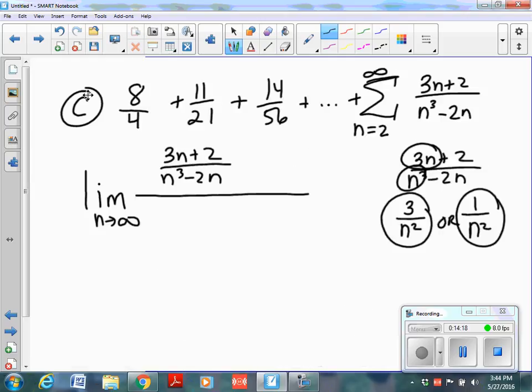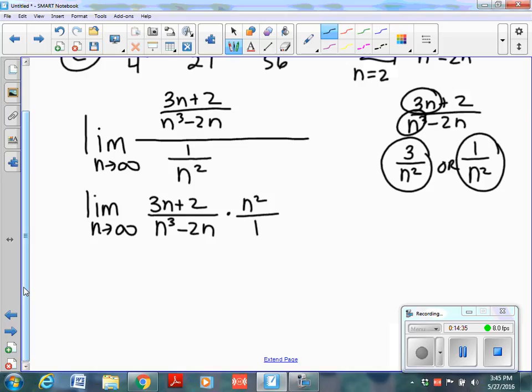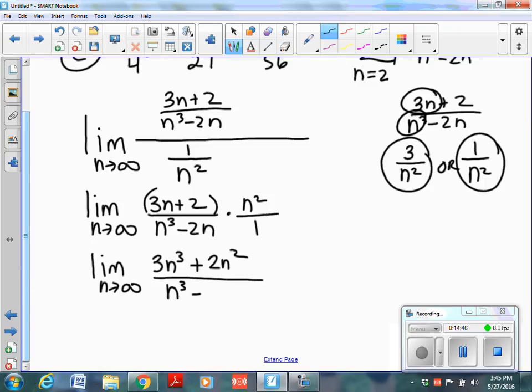Okay, so come over here and finish this. Divide it by 1 over n squared. This is the limit as n approaches infinity of (3n plus 2) over (n cubed minus 2n) times n squared over 1, which gives me the limit as n approaches infinity of (3n cubed plus 2n squared) all over (n cubed minus 2n).